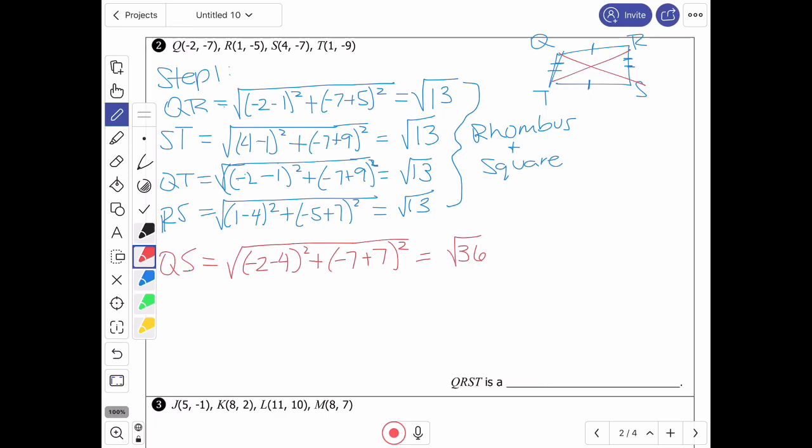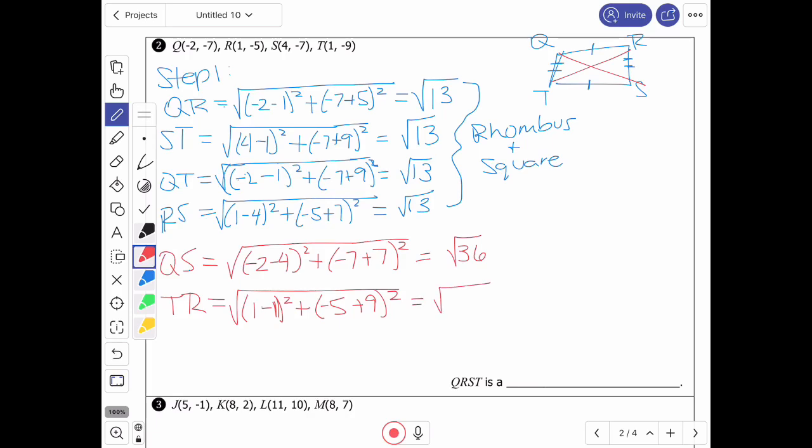Then I need to find TR. TR would be radical 1 minus 1 squared, which those are going to cancel out, giving me 0 there, plus -5 minus -5, so plus 9.